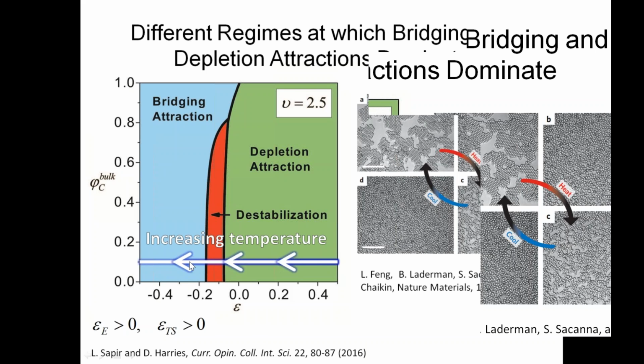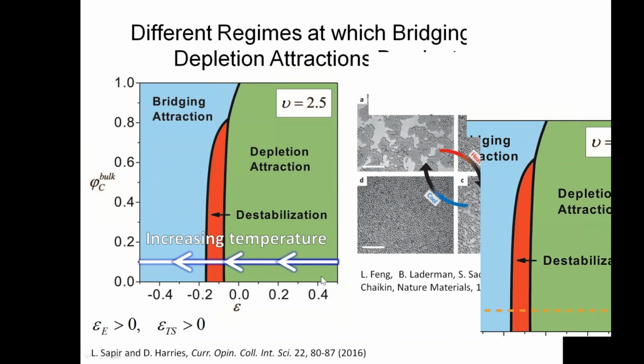When they increased the temperature still further, they stabilized the aggregative state. And this state was stabilized by the bridging attraction that brought together the different colloids by the cosolute being in the intervening space. So this explains the temperature dependence introduced by the cosolutes.